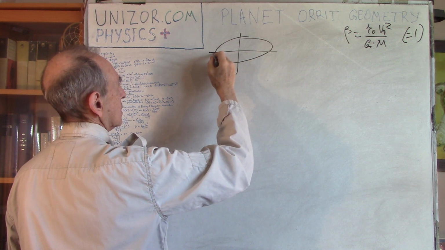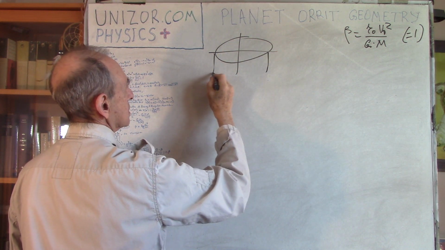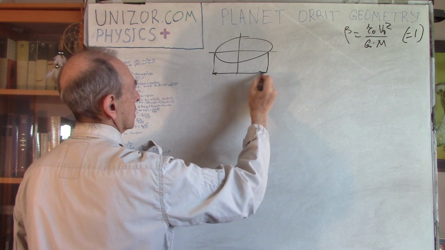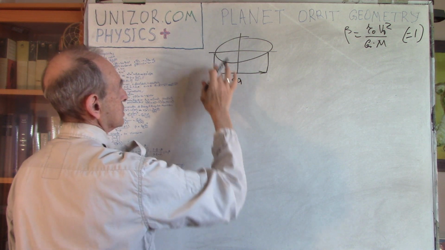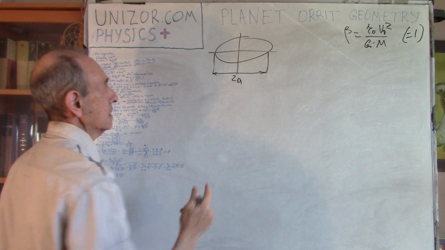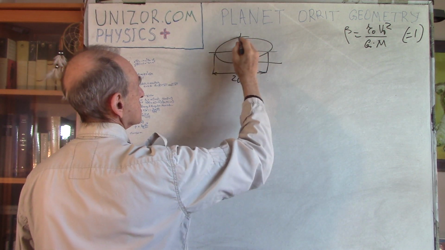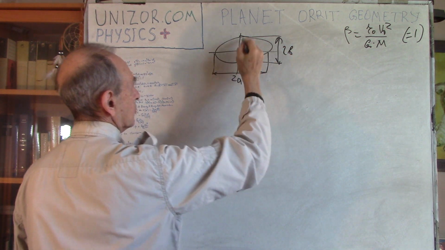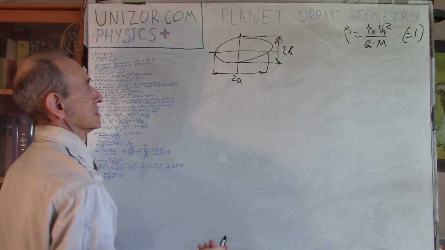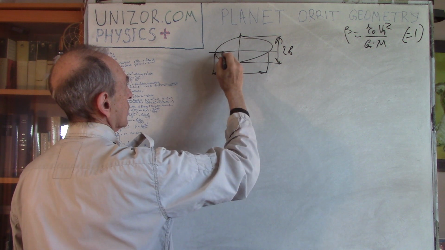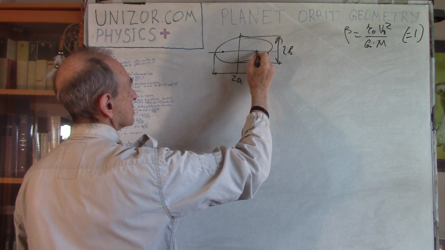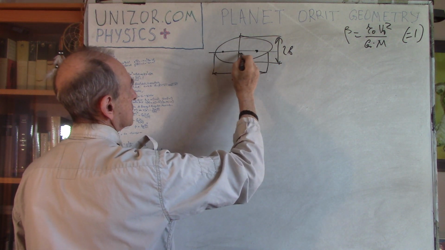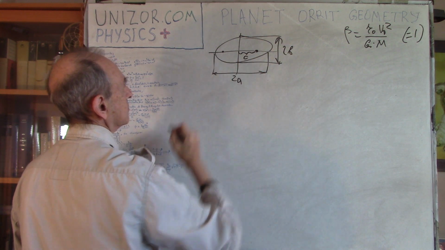First of all, there is a major axis which is 2a, so the semi-axis is a. There is a minor axis which is 2b, so the semi-minor axis is b. Now there are two focal points and this distance is c.